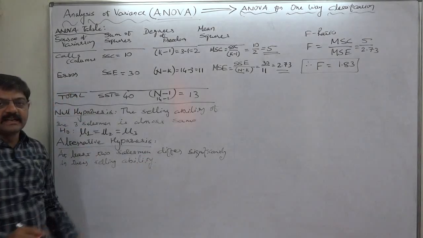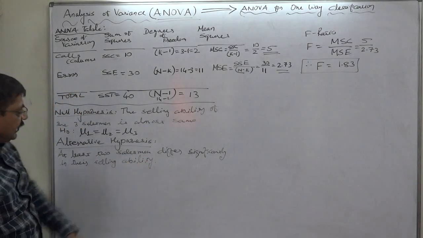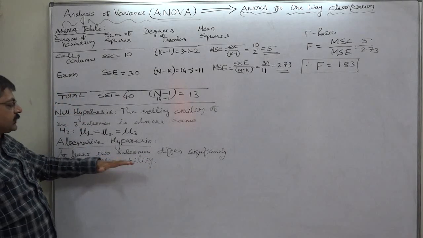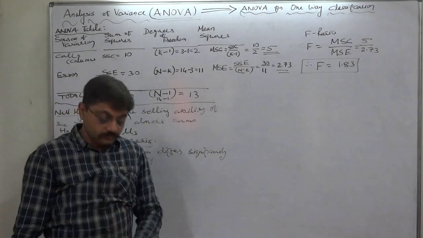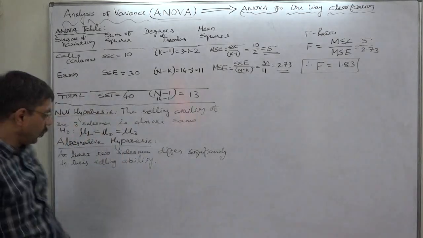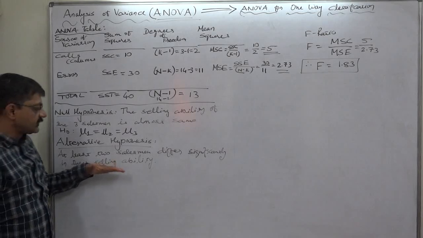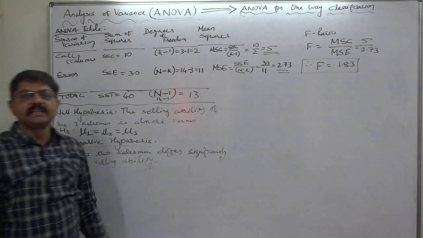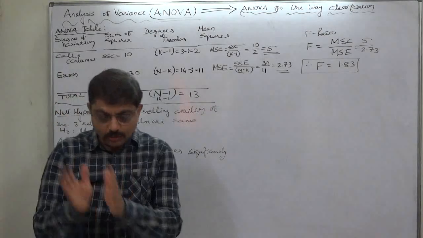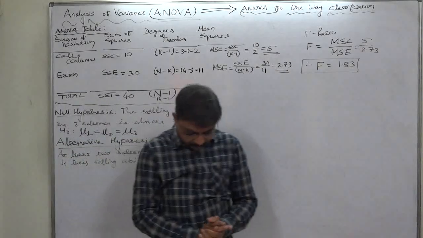What is the statistical meaning of this alternative hypothesis? The average sales of at least two salesmen differ significantly. At least two means two or all the three.